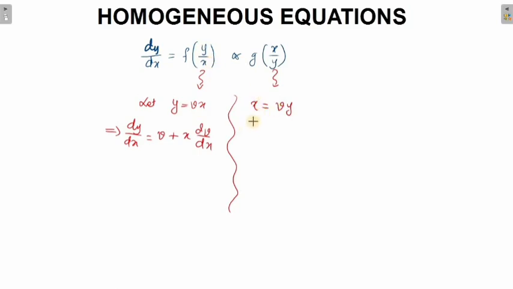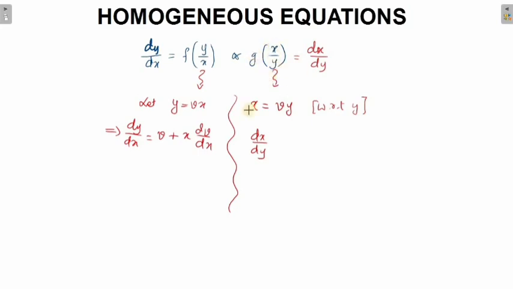Similarly you will do the same here. You will differentiate both sides with respect to y. Remember, with respect to y. In that case you will get dx by dy. Sometimes you will represent dx by dy as g of x by y.